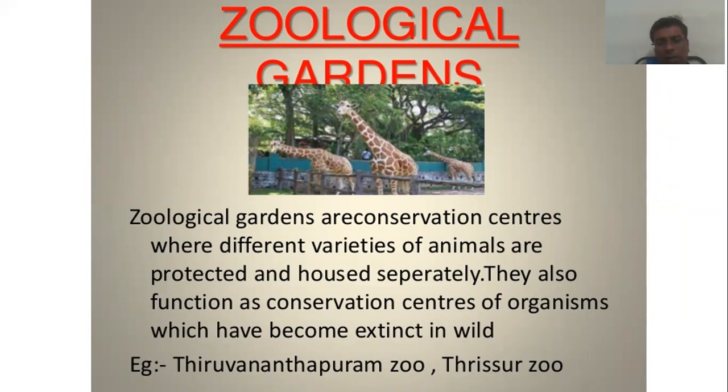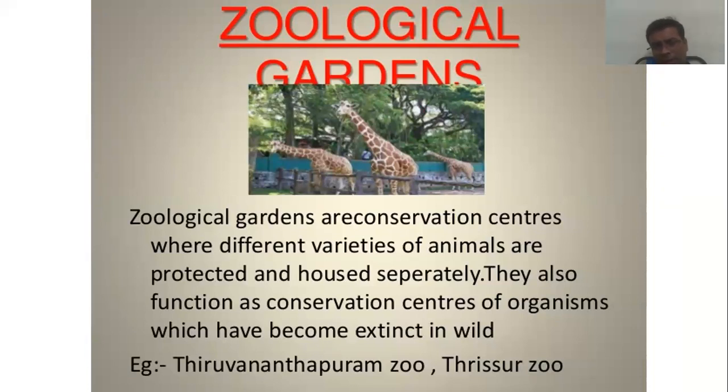Zoological gardens are conservation centers where different varieties of animals are protected and housed separately. In the forests, all the animals are there, but the protection is not there. For food, they kill other animals, and there are problems with hunting.